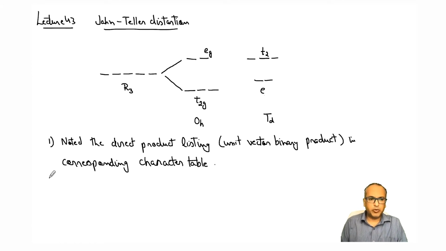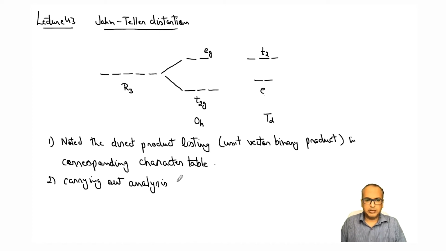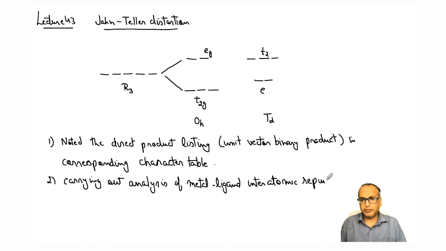And the second step was, we first noted down the direct product listing, and then we carried out the analysis of metal ligand interatomic repulsion produced by the corresponding geometry.